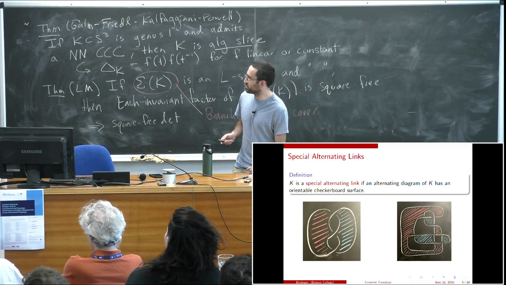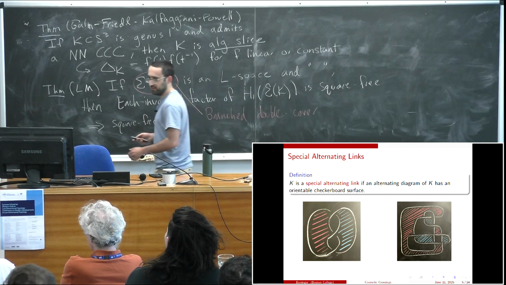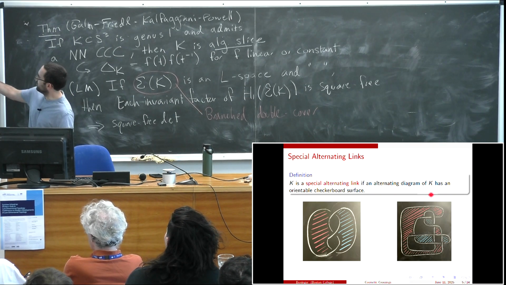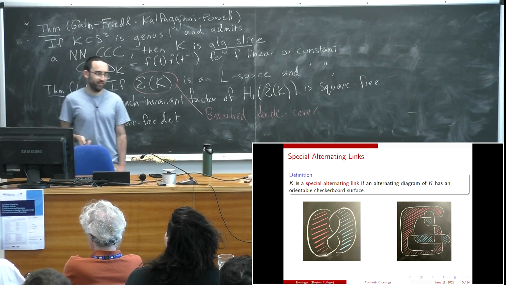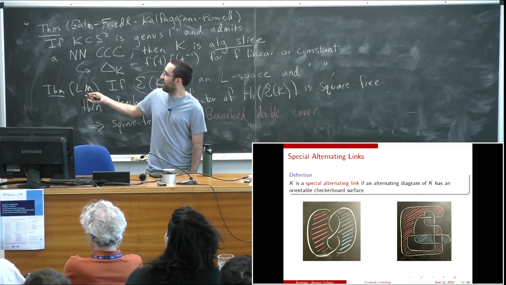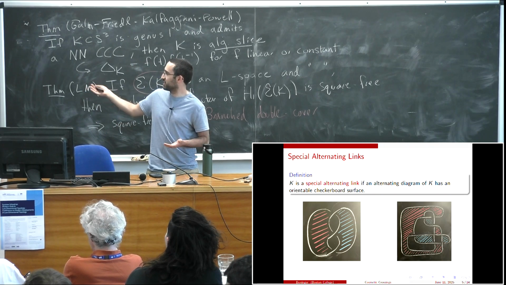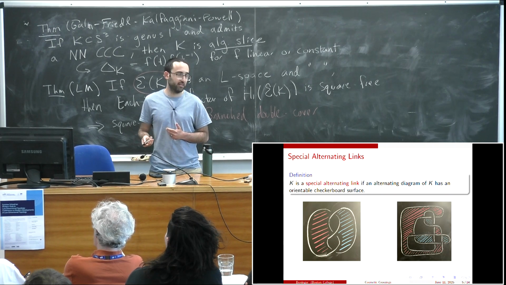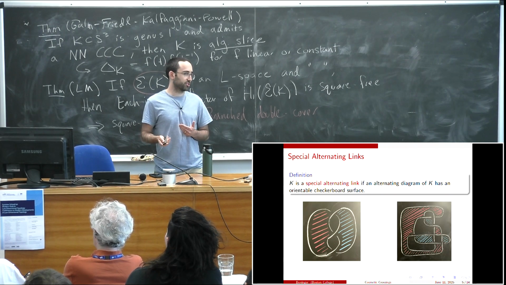So a knot is alternating, first of all, if it has a diagram where, as you go around the diagram, you hit crossings under, over, and so on. We say that a knot, or more generally a link, is a special alternating link if it has an alternating diagram with an orientable checkerboard surface.